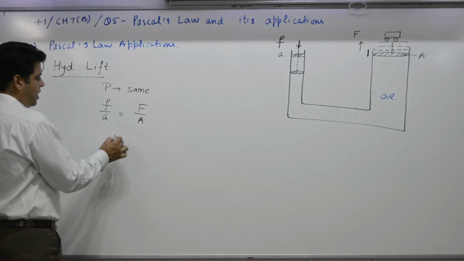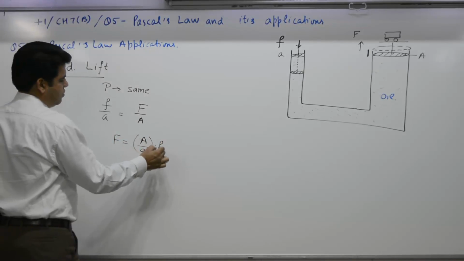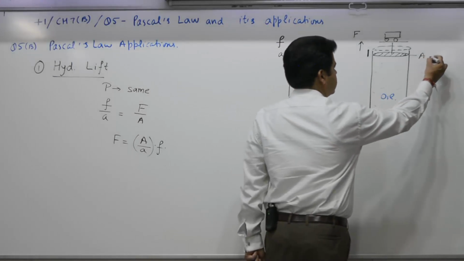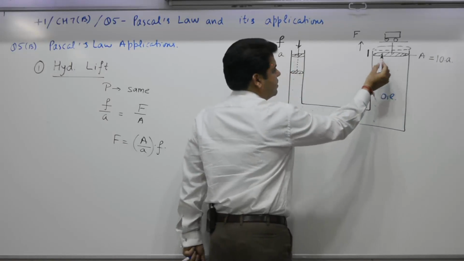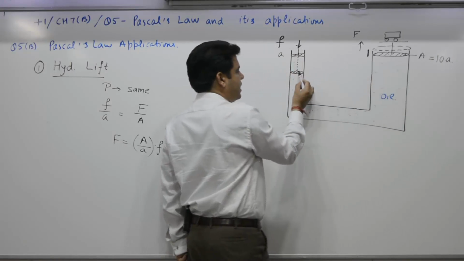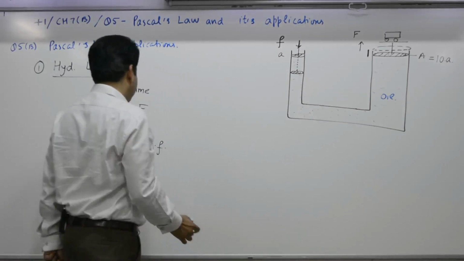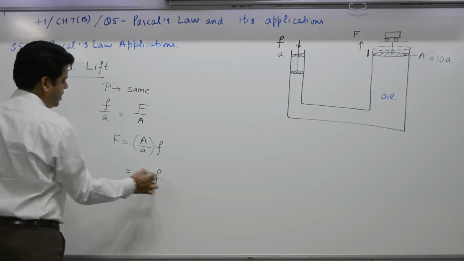So this force capital F is how many times small f? If capital A is 10 times small a, if this piston area is 10 times this small piston area, then capital A by small a is how much? 10.